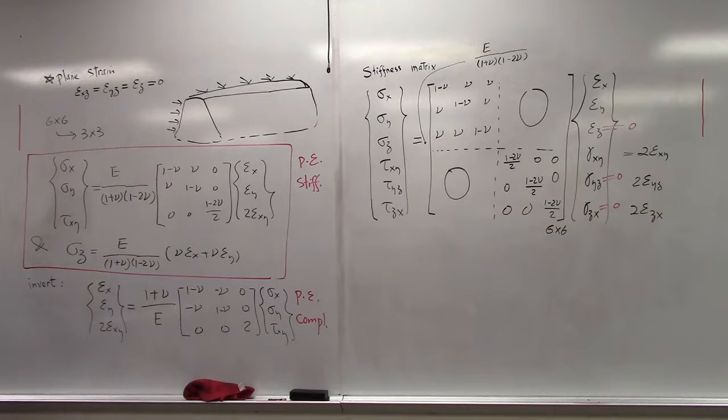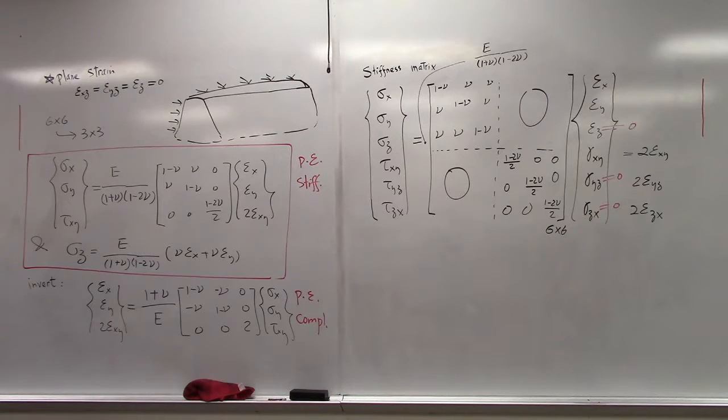Very good. The thing I like to point out is that if you look at the plane strain case, the plane strain stiffness is a submatrix of the 3D stiffness. However, the plane strain compliance is not a submatrix of the 3D compliance matrix.